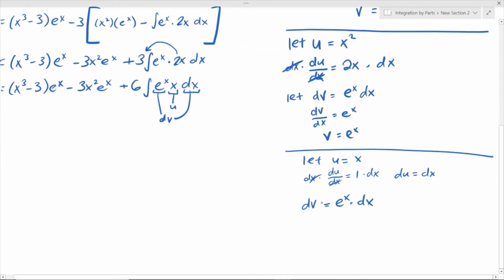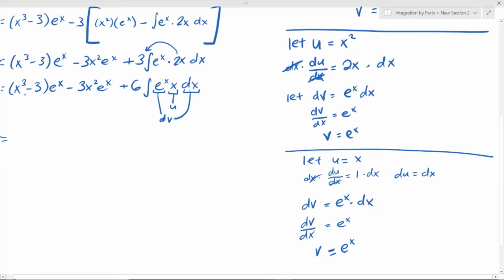And then from here we know dv over dx, dividing both sides by dx, is going to be e to the exponent of x. Since this is a derivative, to find the original one, the derivative of e to the exponent of x is e to the exponent of x, so the original one is going to be e to the exponent of x. So this is our v.